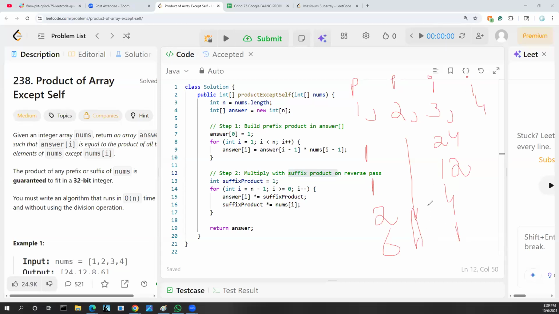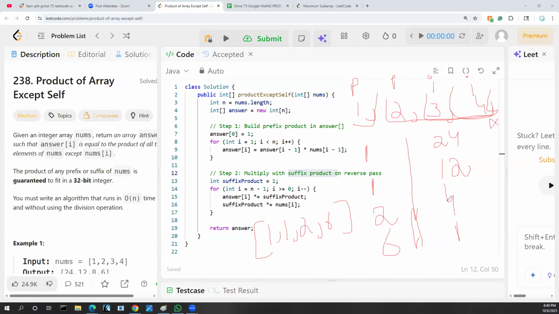All right. If you remember the array that I generated for the prefix, it was 1, 1, 2, 6. And now we need to generate these suffixes. Initially my suffix is 24, then it reduced to 12, then to 4, and then to none, which is 1.